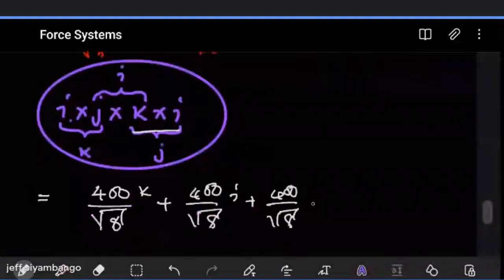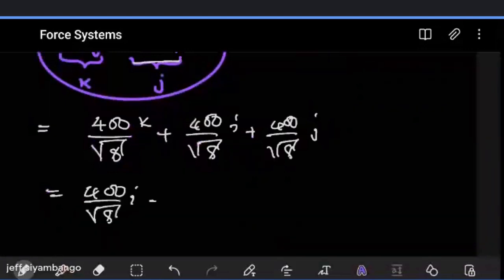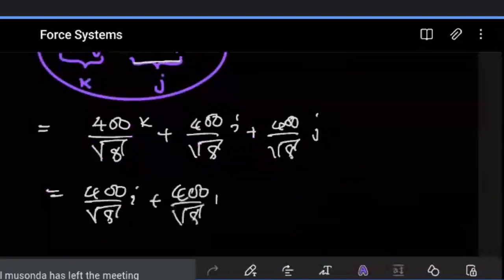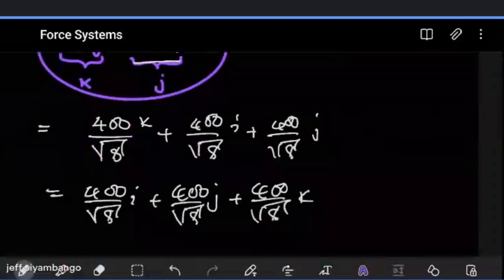We can rearrange this so that we have literally 400 over root 8 I, J plus 400 over root 8 K. That is how we work out that problem. Any questions there?